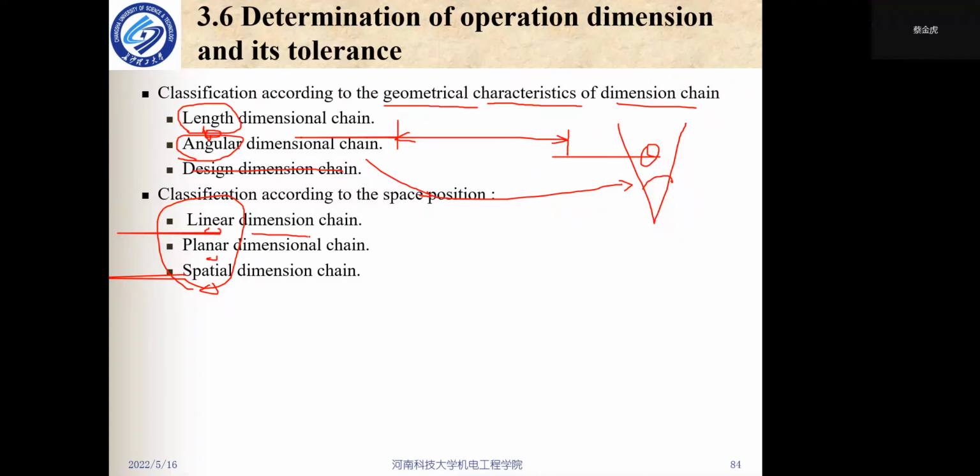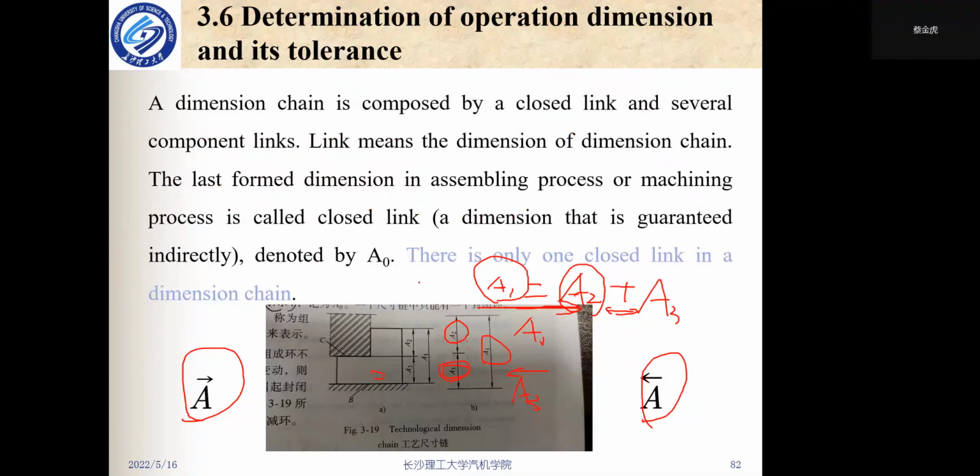For example, in this figure, it is also a length dimension chain, where each dimension A1, A2, A3 is a measure of the length. And it is a linear dimension chain because all component links A1, A3 are parallel to the closed link A2.